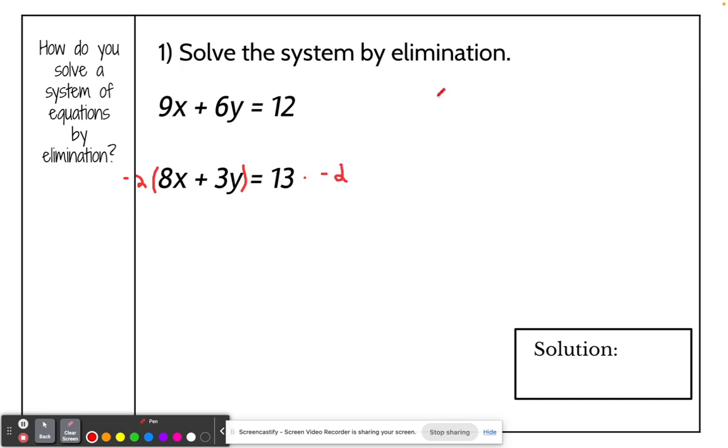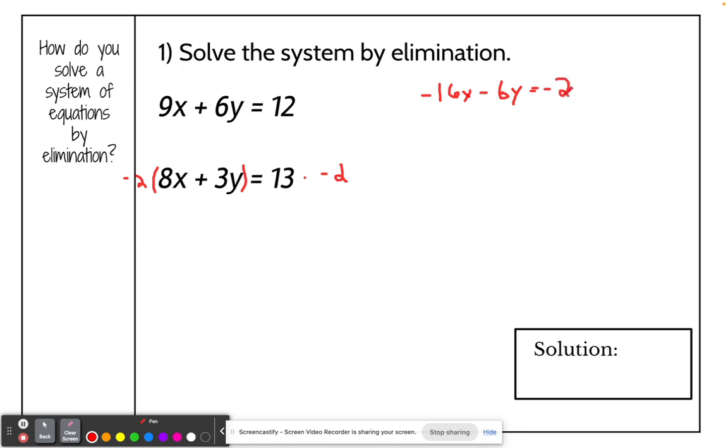When I do that, I get -16x -6y equals -26.